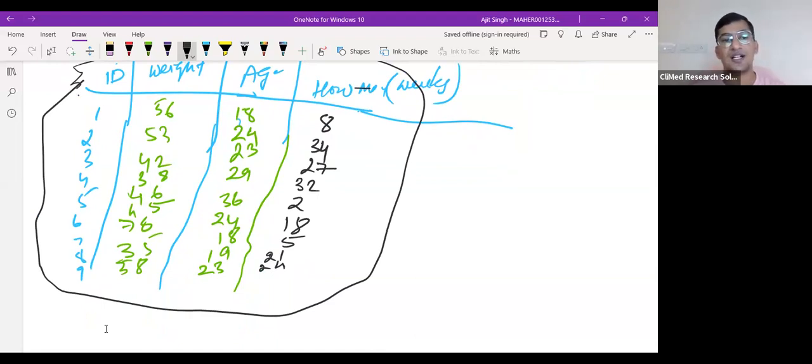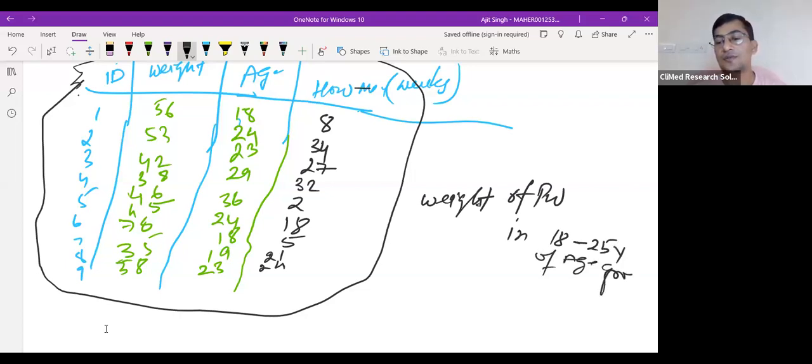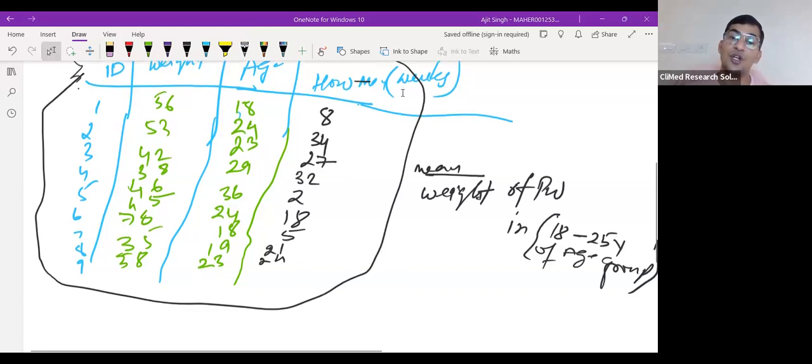If I ask what is the mean weight of pregnant women in the 18 to 25 years age group, can you tell me at first instance, without calculating? No. The answer definitely requires calculation.